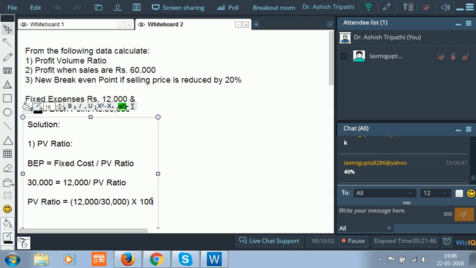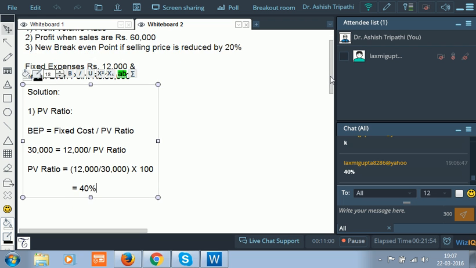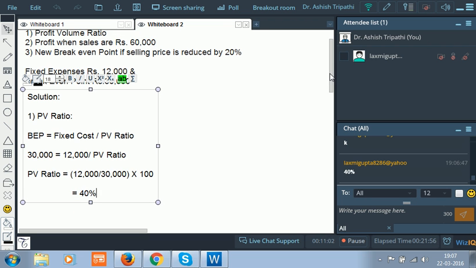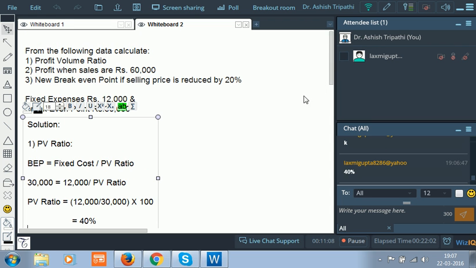So you are saying 40%. Excellent. 40% is the right answer. So we were able to calculate PV ratio. So we have solved the first one.